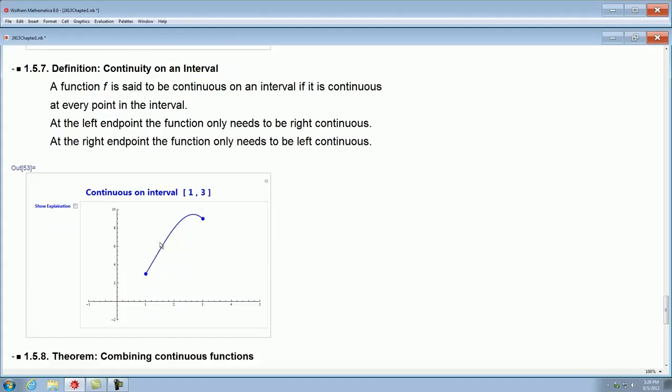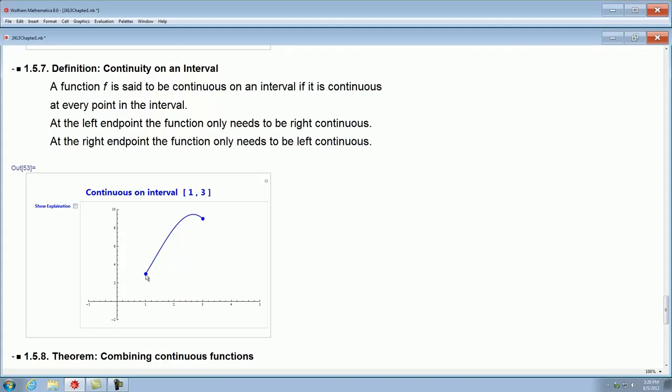So look at this. This function in here, I can draw it without picking up my pencil. Between 1 and 3, I can draw it. And at the endpoint, 1, I am right continuous because I come into this value and it's defined to be that value when I get to 1. So I head towards the function's value there. And then at 3, as I head in from the left side, the left-hand limit exists, and it's left continuous.